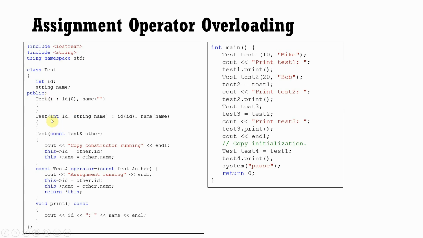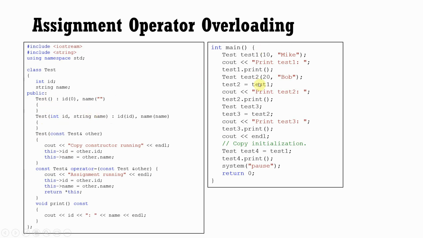So I shouldn't say it's mandatory, but it's a very good idea that when we have a non-default constructor, we write a default one as well, even if we don't use it.